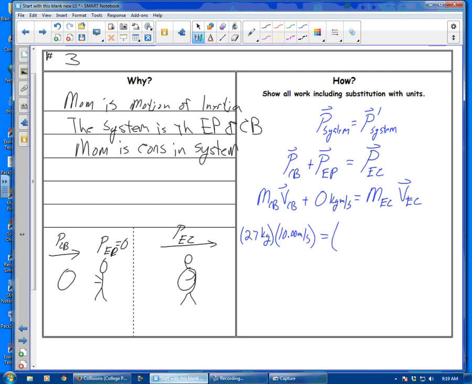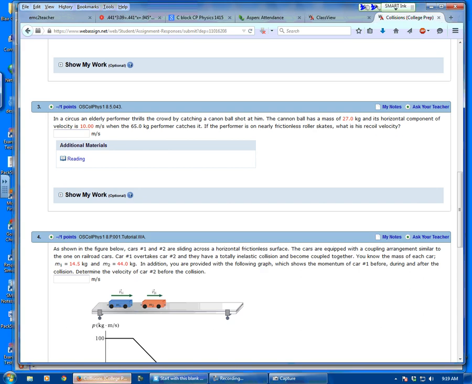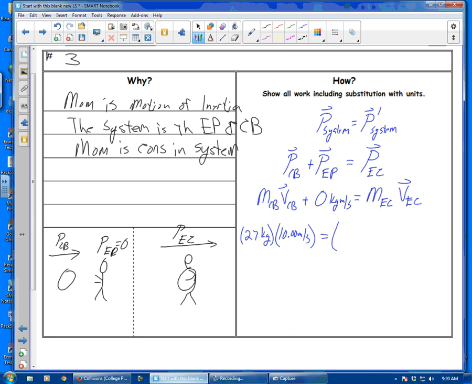Inertia of the elderly performer and the cannonball together, our elderly cannonball, well, that's going to be the inertia of the performer plus the inertia of the cannonball. So I've got a 65 kilogram performer and my 27, so I've got 27 kilograms plus 65 kilograms. They've joined together. And then the velocity of the elderly cannonball, which is what I'm looking for. So yay, one equation, one variable, the rest are numbers, solved. Right?